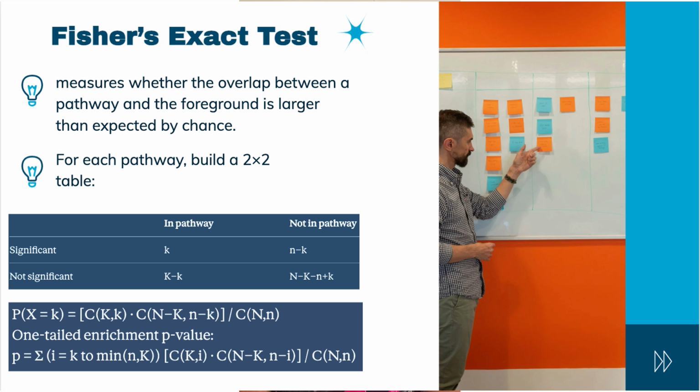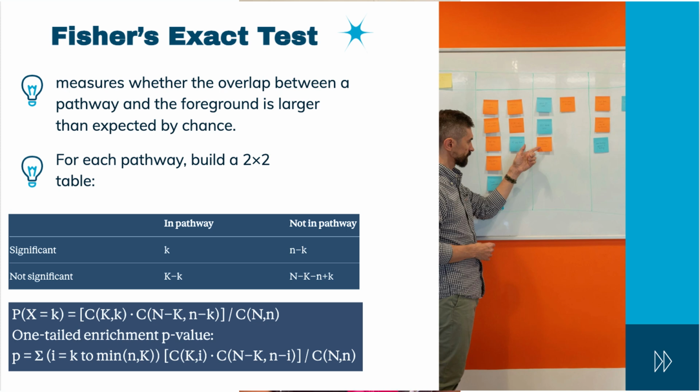Now, to the Fisher's exact test, what we are doing is measuring whether the overlap between a pathway and a foreground, in this sense the gene list, is larger than expected by chance. So for each pathway, we'll build a 2x2 contingency table. Now, in the table, you would see that the columns are in pathway and not in pathway, and on the row sides we have the significant versus the non-significant.